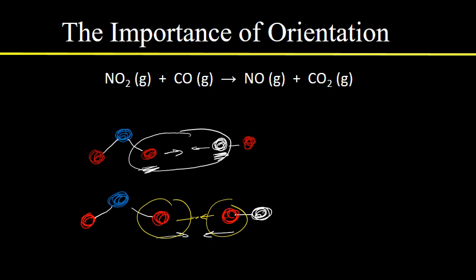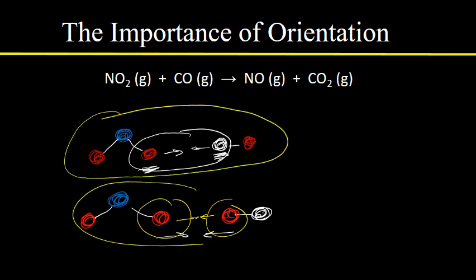So this will lead to a successful reaction, and this one won't. And of course, you can come up with a couple other possible ways to come up with successful or unsuccessful reactions.